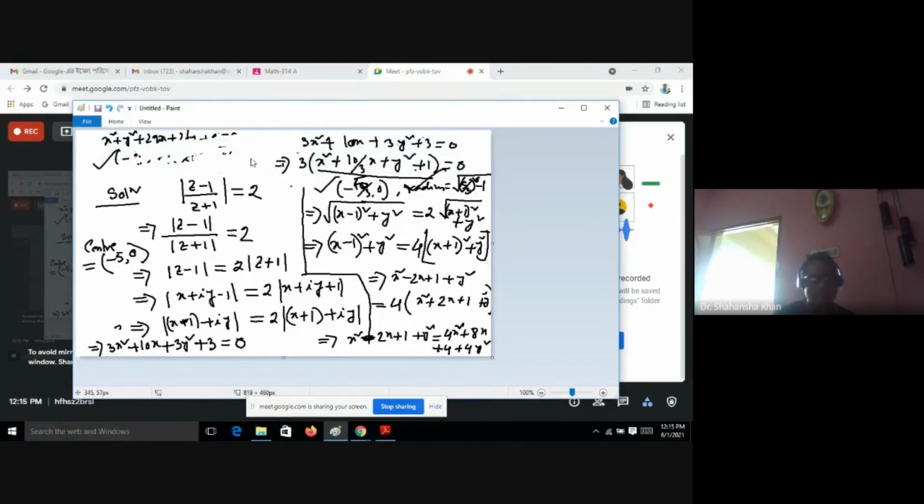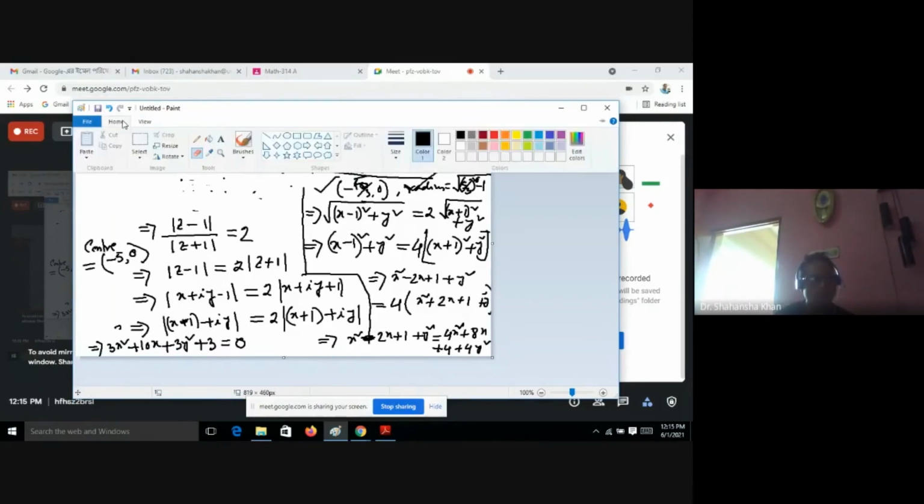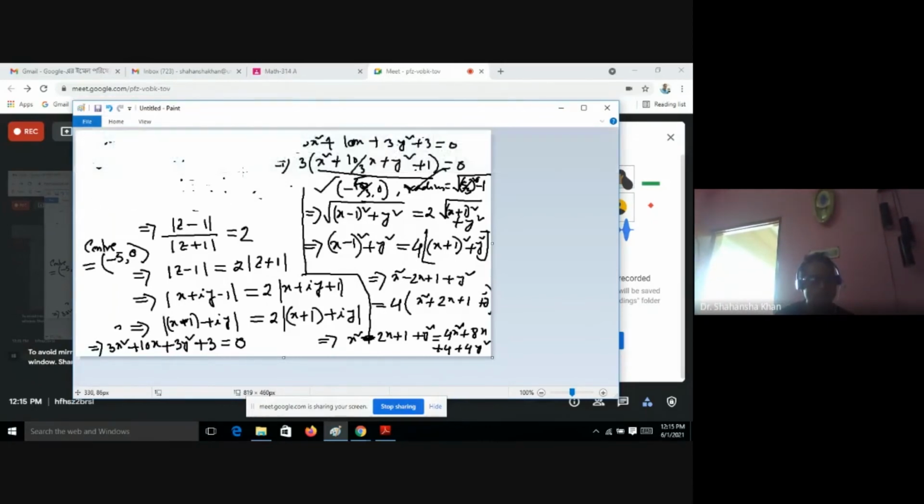Now the center is equal to minus 5 by 3, so if you draw the graph, the center is at 5 by 3, that means 1 point something.